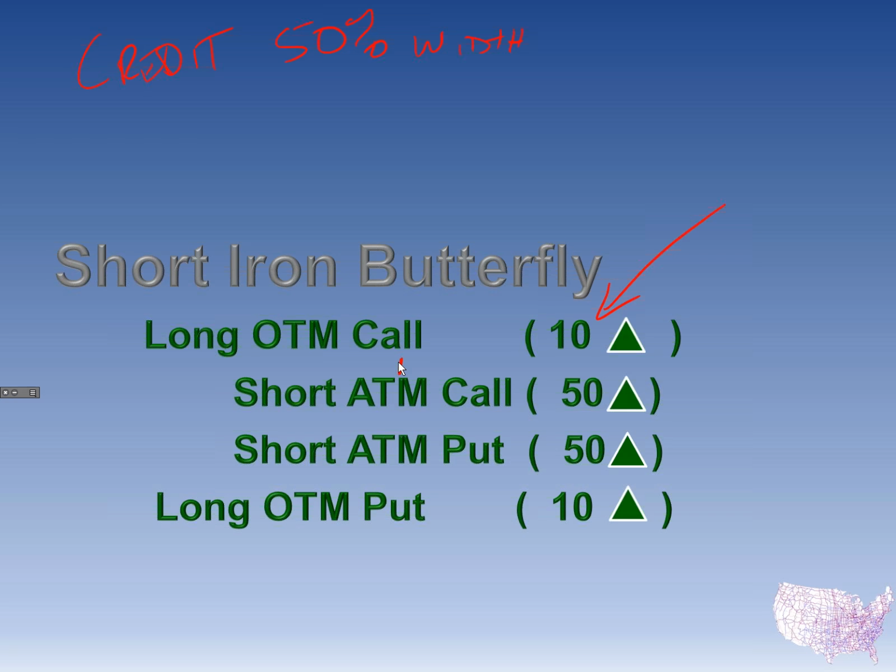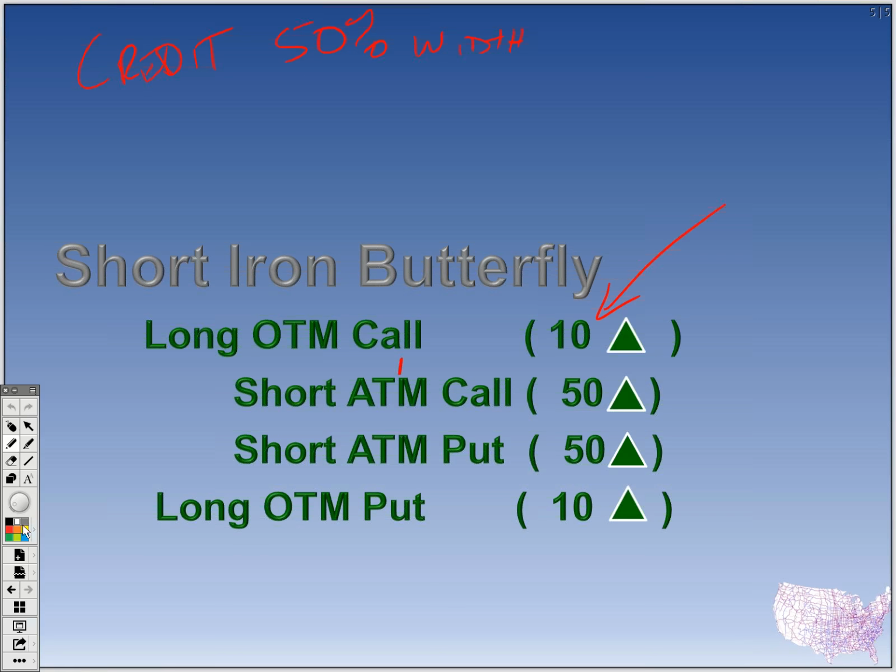That's our green light. So if you collect greater than 50% of the width, that is your green light, right?